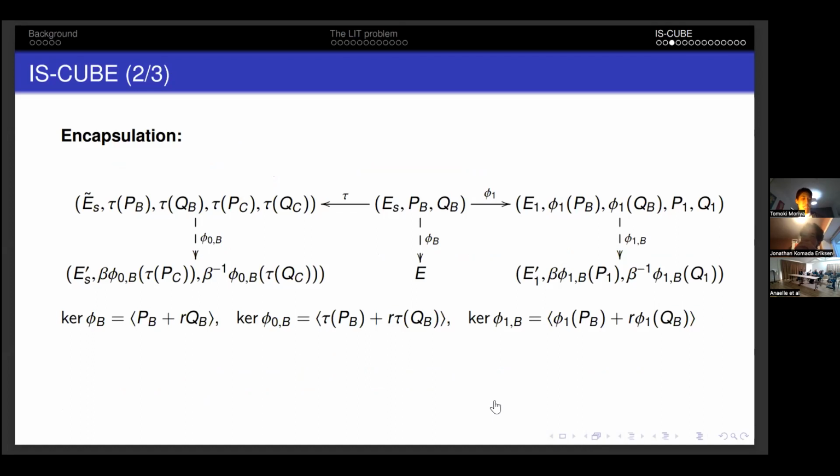Okay, then next I explain the encapsulation. The encapsulation computes the three parallel isogenies. So Bob takes a random value R, and he computes three isogenies. The kernel of phi B is generated by PB plus R QB, and the kernel of phi 0B is generated by tau PB plus R tau QB, and the kernel of phi IB is generated by phi I PB plus R phi I QB.